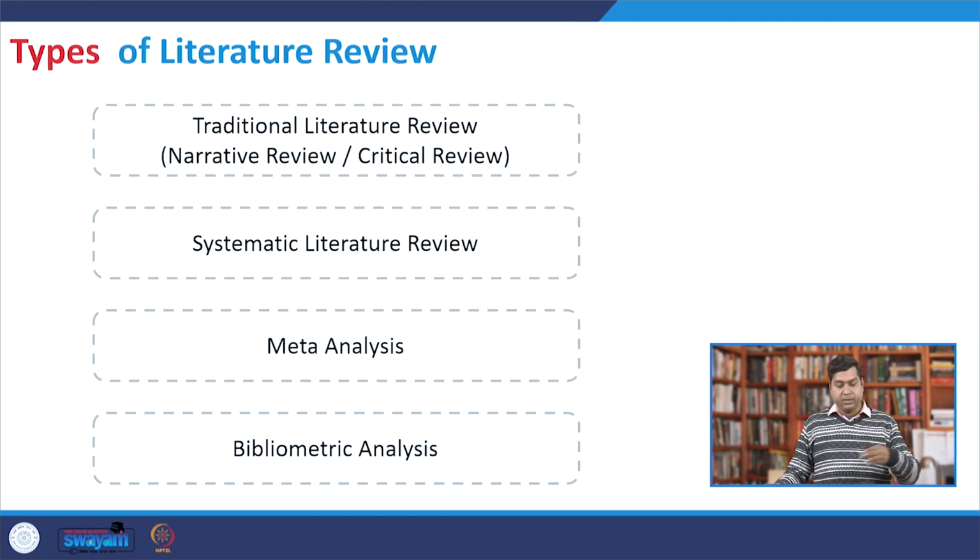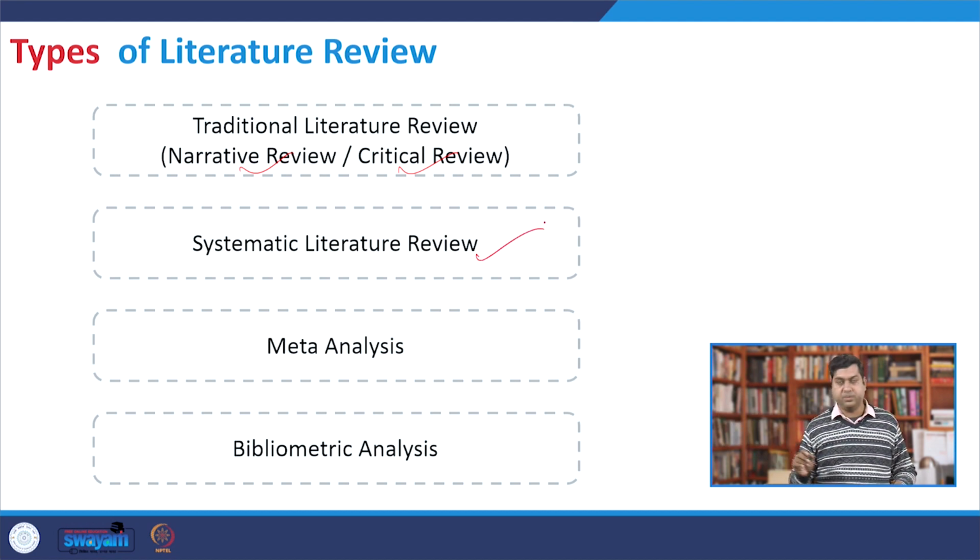Now, with that we are coming towards end of this first lecture on literature review, the basics of literature review. There are different ways that we can do. One is the traditional literature review, which can be narrative review or critical review, that okay, in this case we just go one by one and just from one paper to another paper we look at the cross reference and then start writing it.